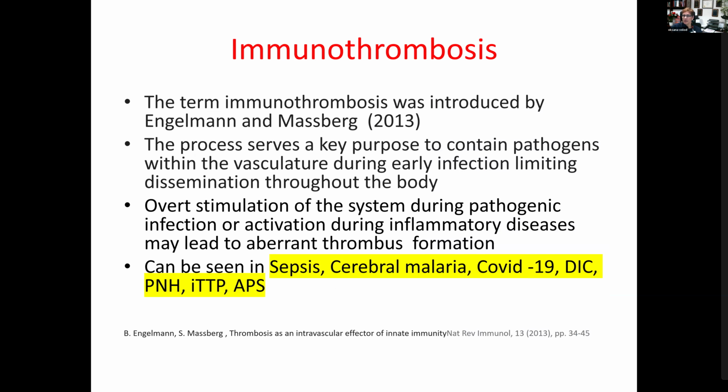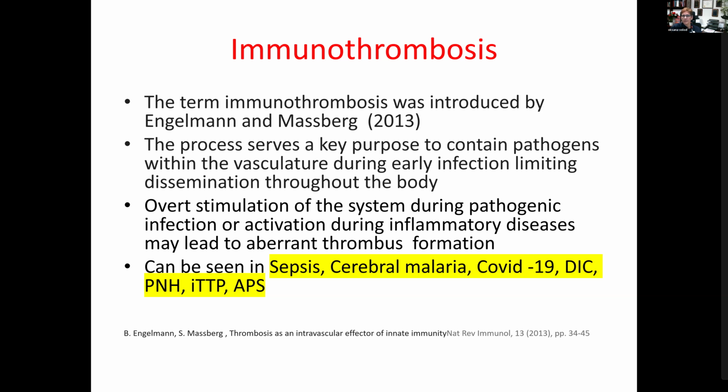Now, the current concept of immunothrombosis, as you can see, was first described in 2013, which has been a while ago, but it gained special interest during the COVID infection. And the concept describes that immunothrombosis is beneficial if it's physiological, because the key purpose is to contain pathogens within the vasculature during early infection, preventing dissemination of the infection throughout the body.